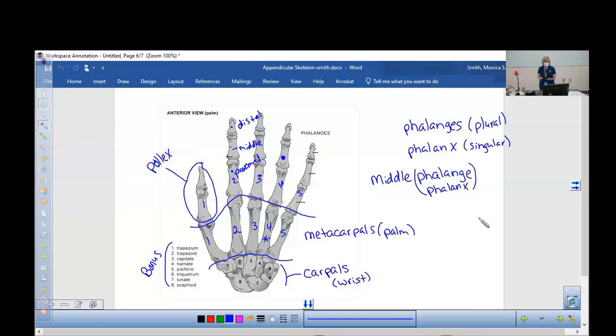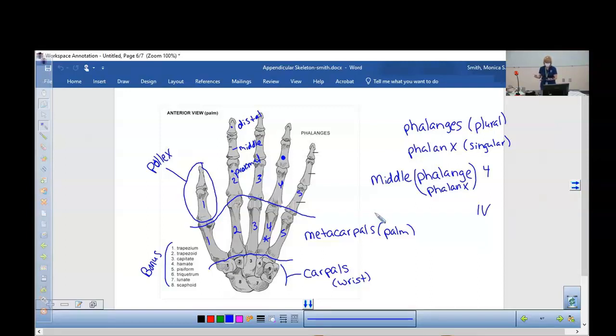And then what number is it? 4. So you can put 4, or you could put IV. IV is Roman numeral for 4. It's really the correct way to do it, but I'm okay with just 4. That makes sense? So they're all named that way. So you just got to figure out what number they are and where they're located. And so they're super easy to name and number.